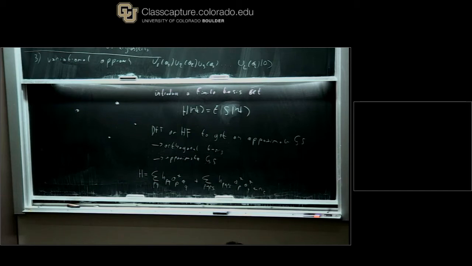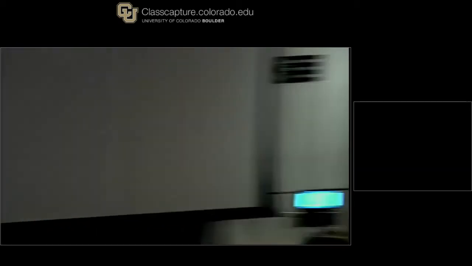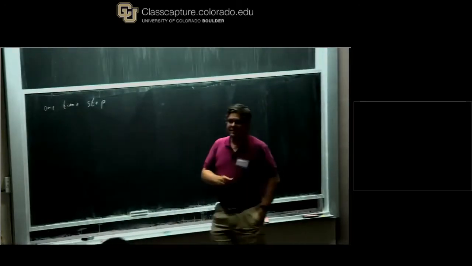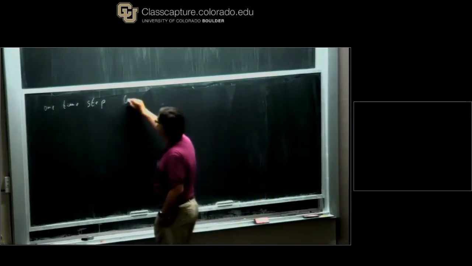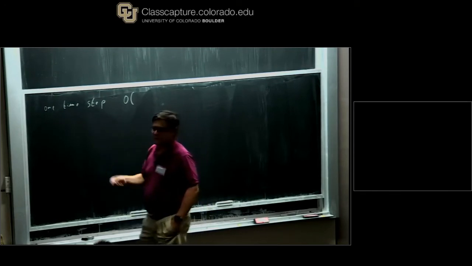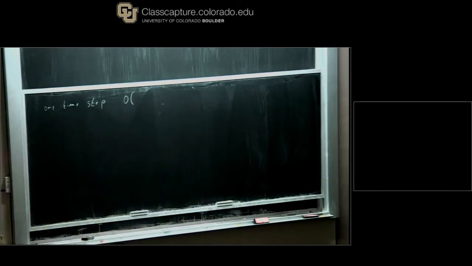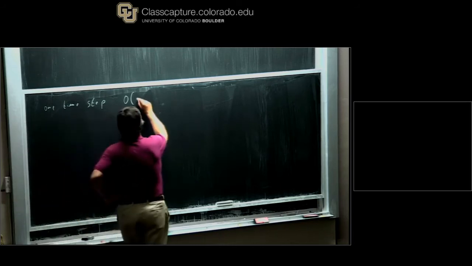So now let us look at the complexity of this. One time step, it has how many operations? I have big O of n, for n spin orbitals, I have n to the 4 terms. So I have n to the 4 terms.